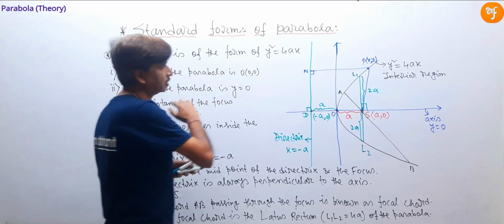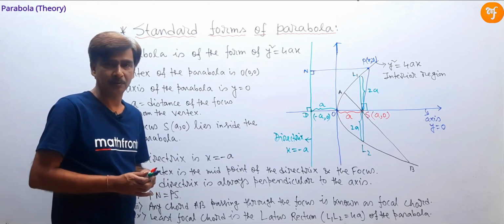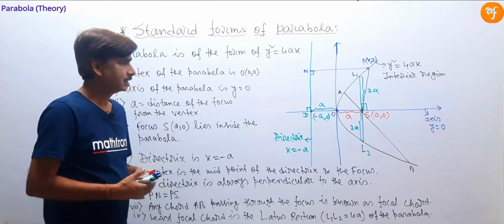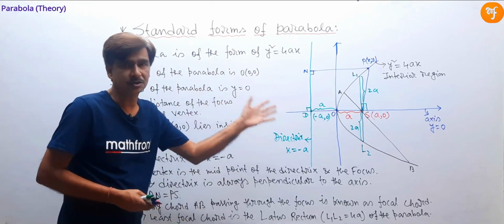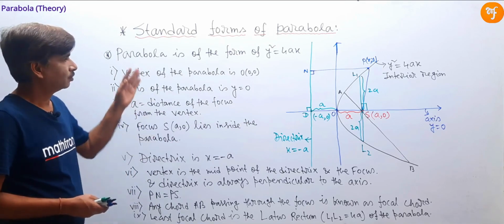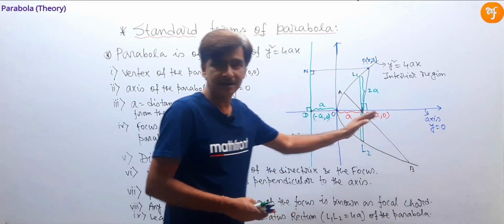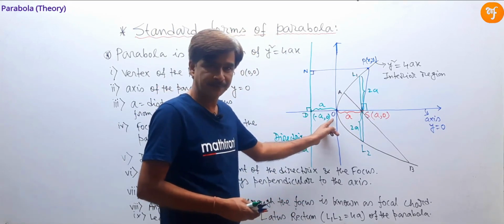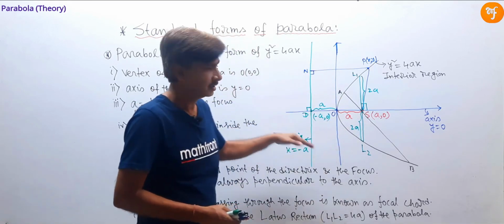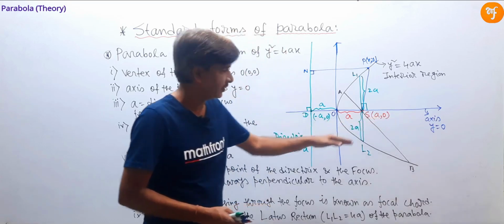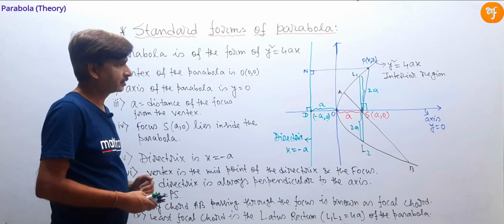I think all of you understand the concept of the parabola y square is equal to 4ax. Okay, so what did we learn about the construction of y square is equal to 4ax? It is a parabola which is concave at the right hand side. Its vertex is at origin and the axis, that is the line which symmetrically divides the curve, is the x-axis here. So the equation of the axis of the parabola is y is equal to 0.